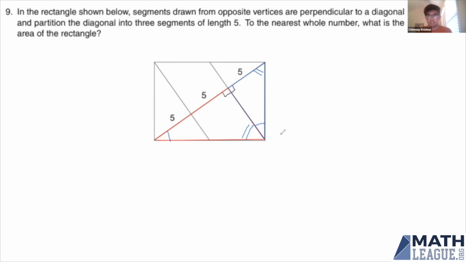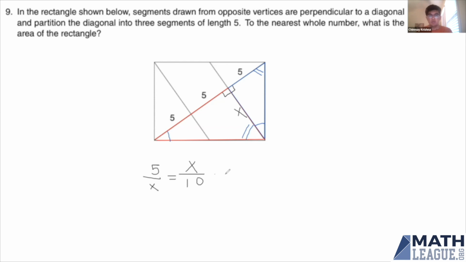So now that we know that the red triangle and the blue triangle are similar, we can calculate this side length here. Let's call it x. Here we have that the ratio of 5 to x would have to equal the ratio of x to 10, because in similar triangles we can compare the ratio of the short side to the long side, and it would have to be the same.